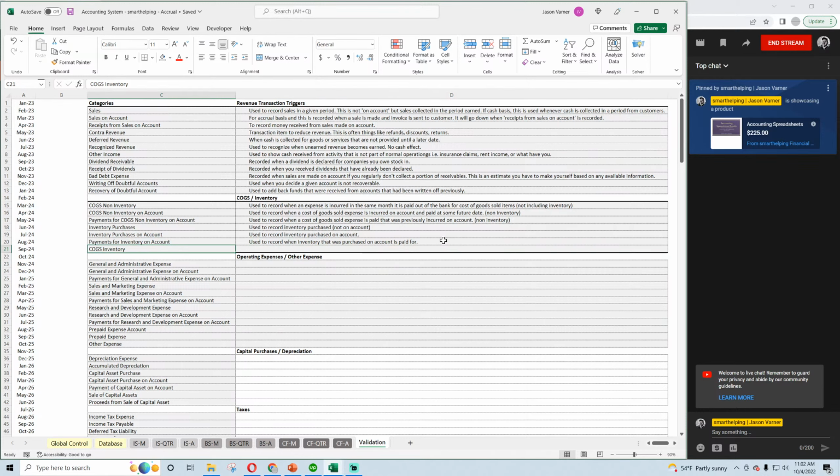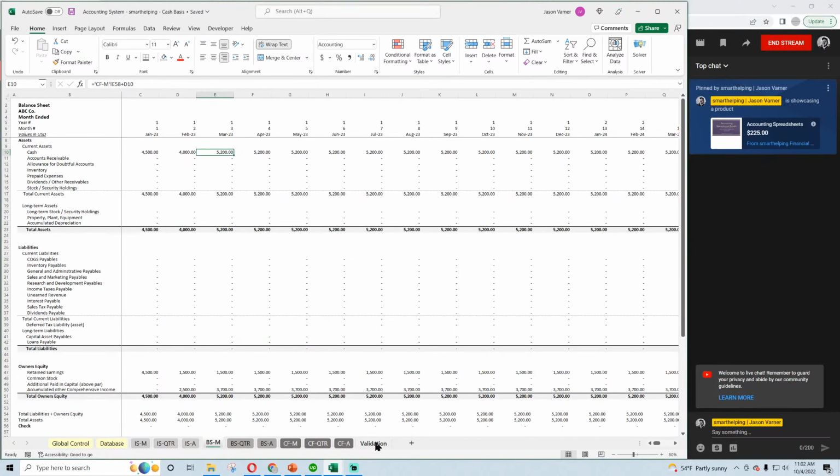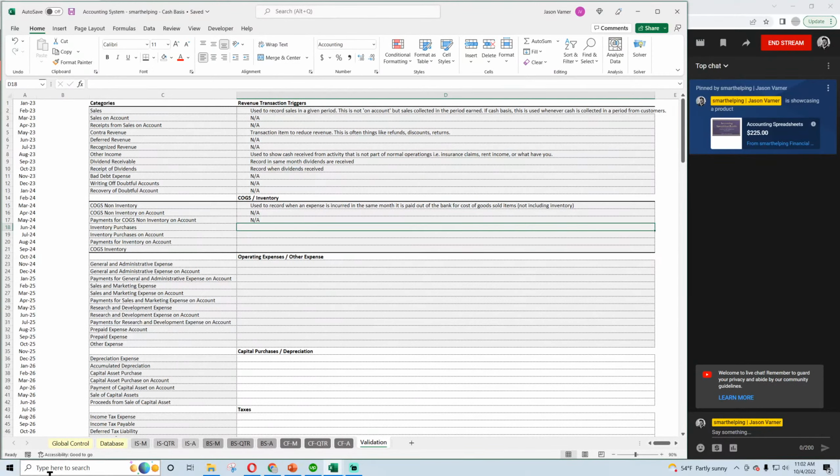That'll be the last item we'll get into in this whole tranche of stuff. Now, cash basis, we use to record the purchase of inventory when that money goes out. NA here.